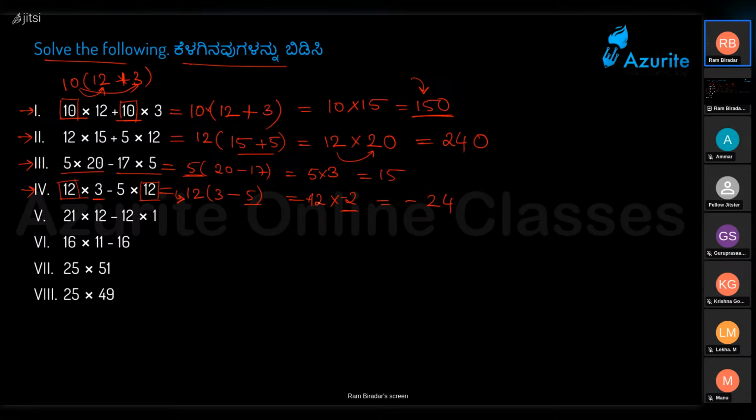Next, 12 into 2 is 24, so the answer is minus 24. Understood, Sweta? Next, roll number 6. How should we do the next one? 21 bracket.